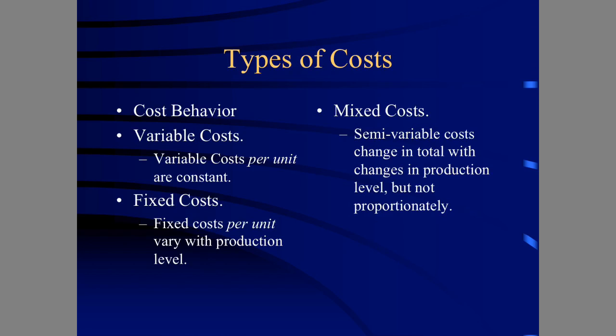We have certain different assets. We have a computer software program that we pay maintenance on regardless of the number of prescriptions we fill. And then there's mixed cost. There are several semi-variable costs that change in total with changes in production level, but not always proportionally.